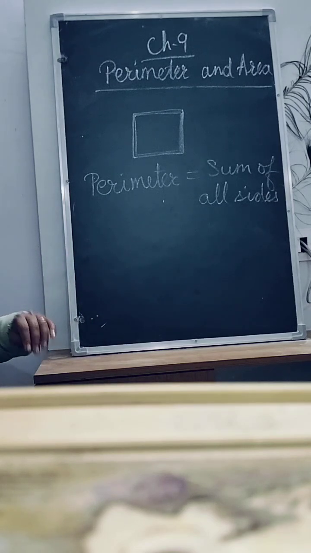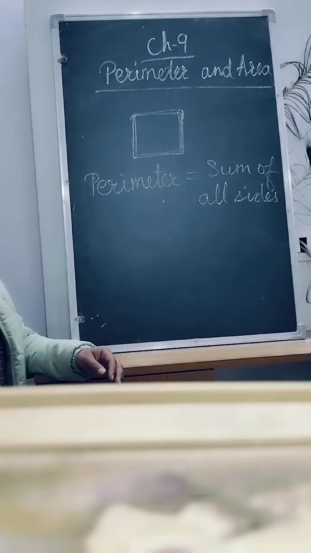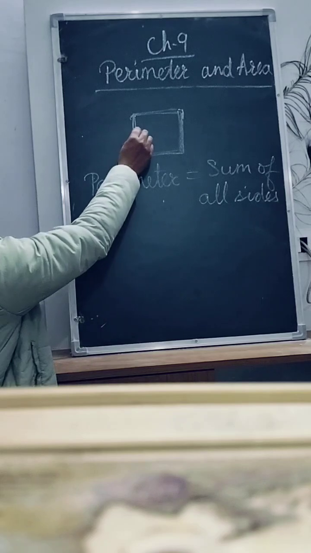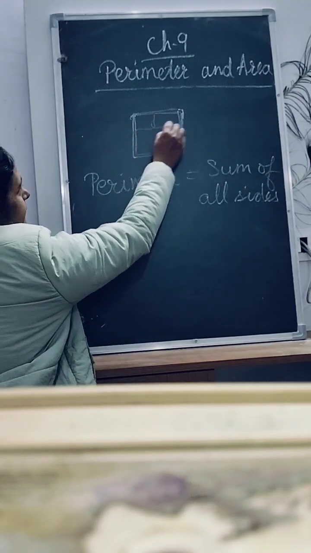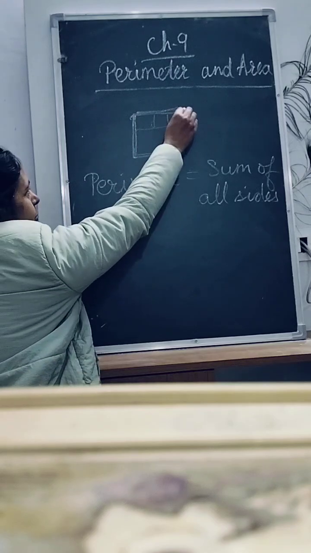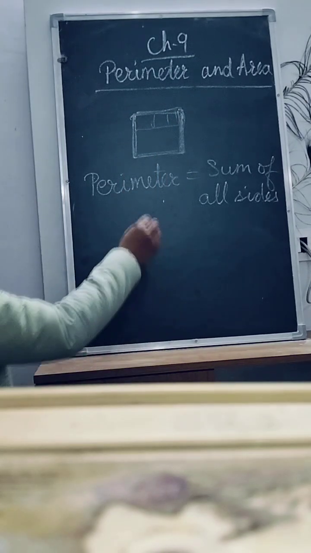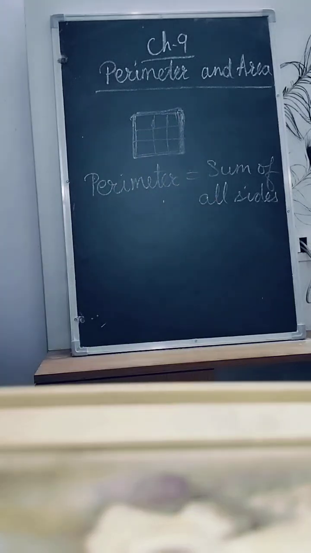Now suppose this is a square field and we want to fit the tiles in it. For finding the number of tiles, we need area. So when we are dealing with the outer boundary, we will find the perimeter, and when we have to deal with the inner part, we will find the area.